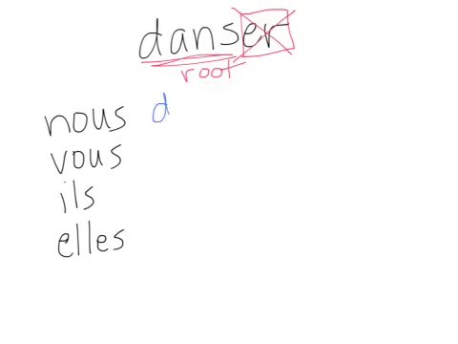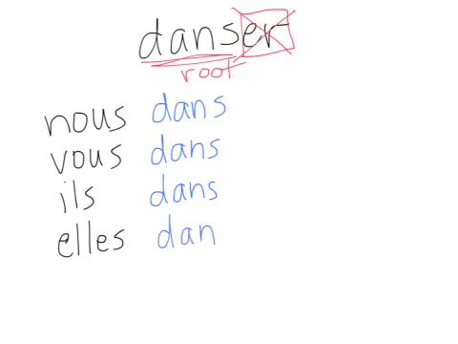Again, we start with danser, with the ER at the end, but we take that off, so we're left with the root of our verb. The root of the verb is then copied down next to each of our plural subject pronouns, nous, vous, il pluriel, and elle pluriel. We still have to figure out what the ending is that's going to match with nous.